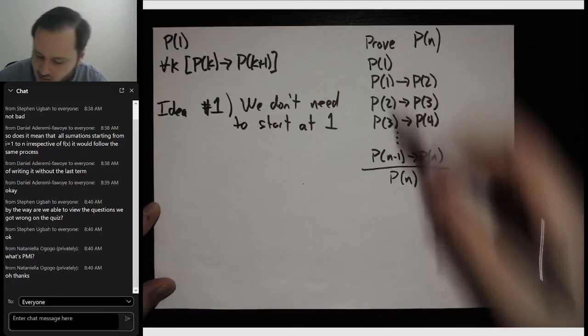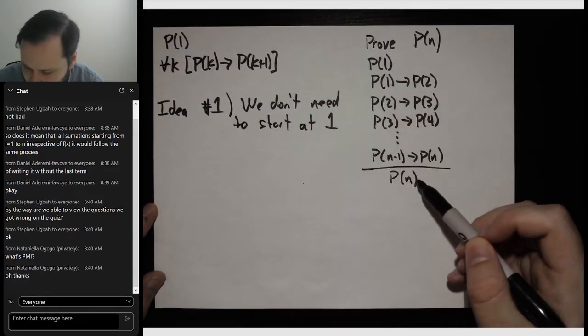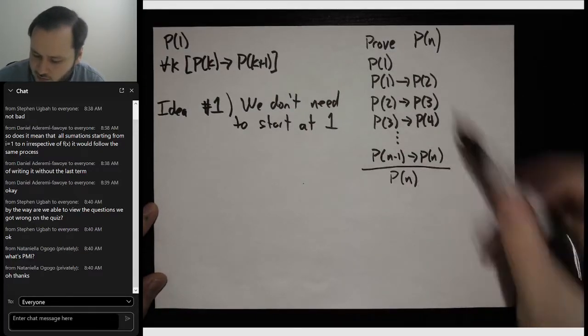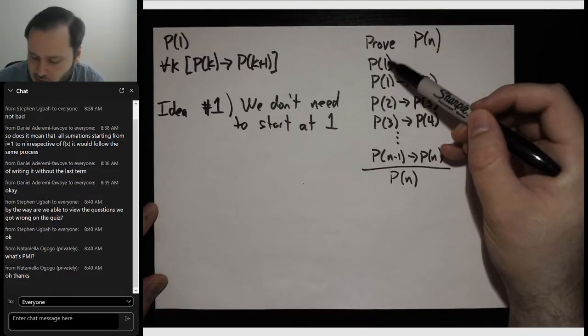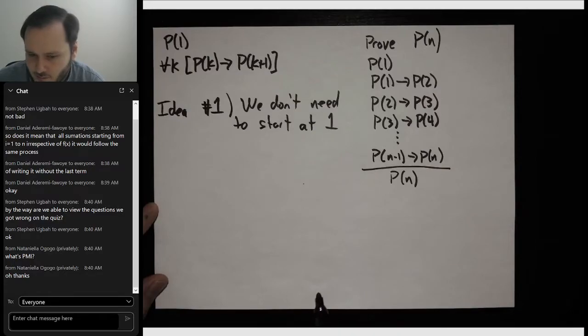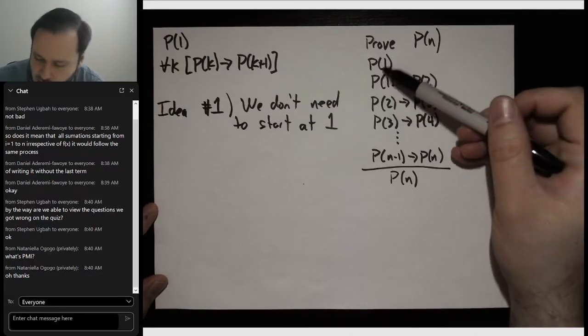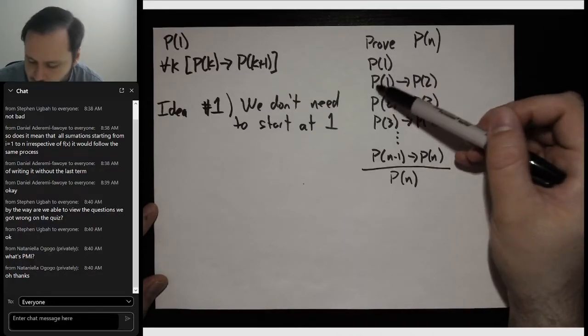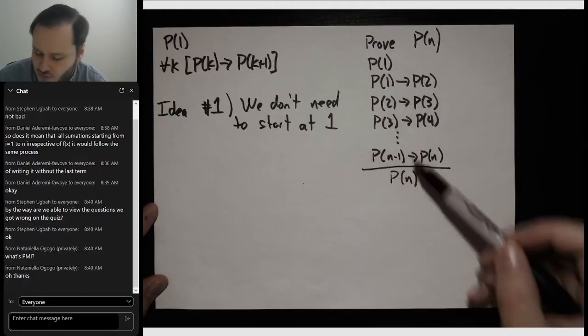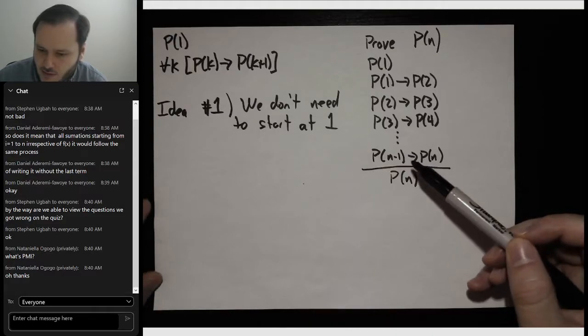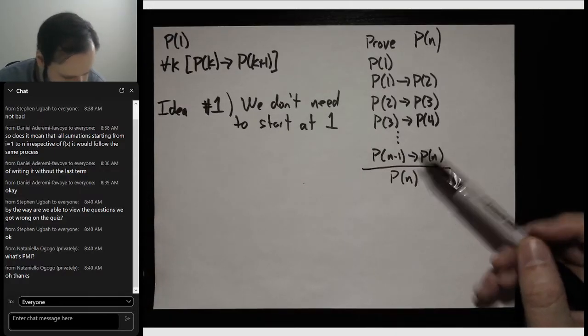If we look at how this logic works, if I wanted to prove P of n and n was some really big number, and I started at 3 instead of 1, I wouldn't know that P of 1 was true, I wouldn't know that P of 2 was true, but P of 3, P of 4, P of 5, everything after 3 would follow by this same logic.